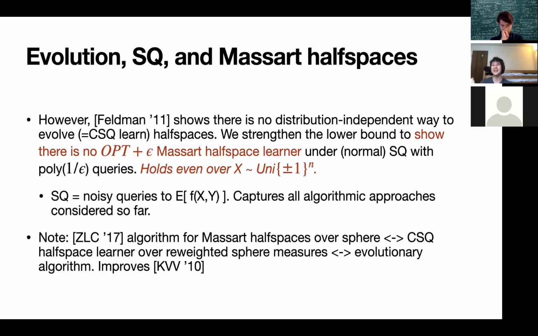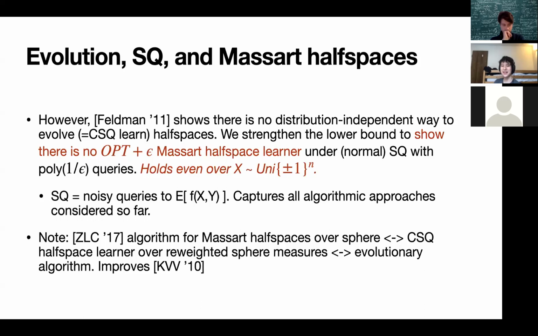If you open up his argument, it still works for proving the stronger result. So we get that there's no a plus epsilon half-space learner making SQ queries. And as usual, SQ captures all of our natural approaches based on gradient descent on convex losses. So this more or less rules out the possibility of getting an efficient learner.